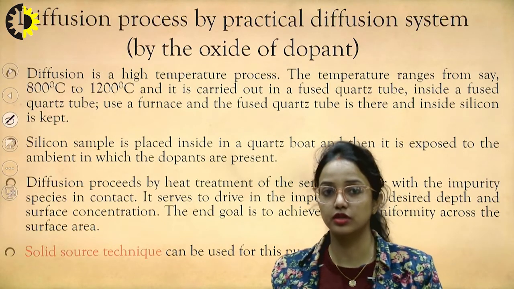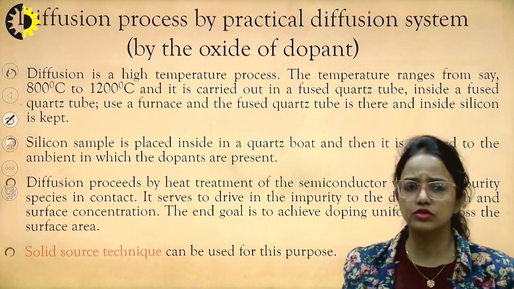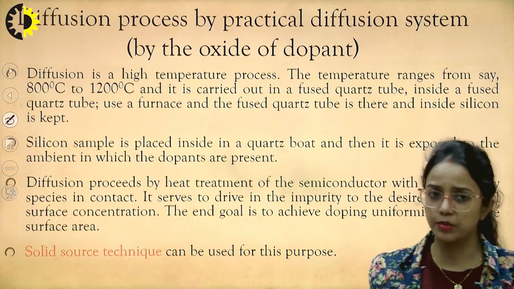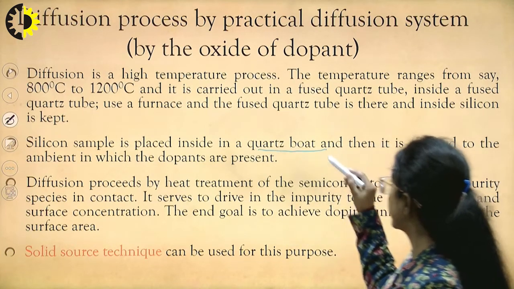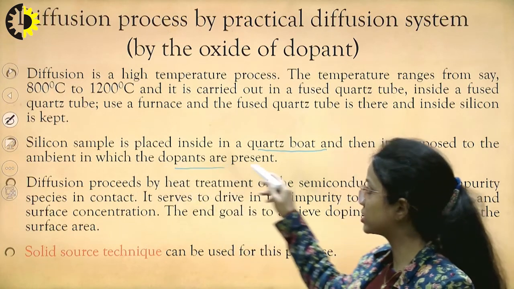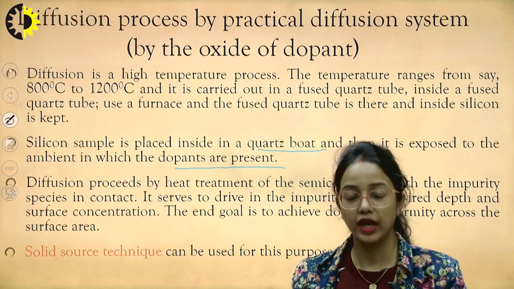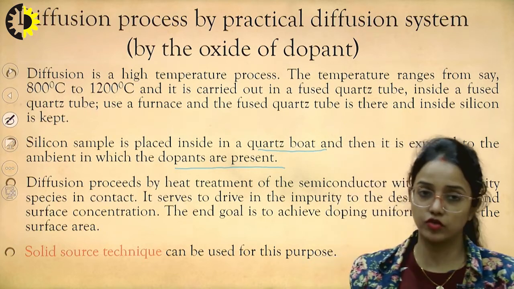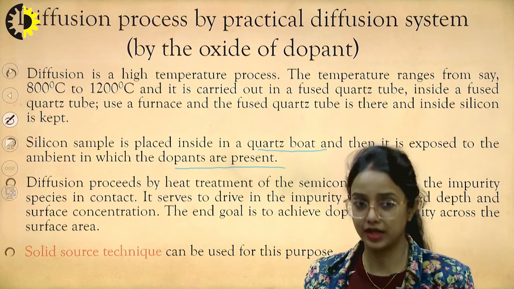Inside that fused quartz boat, silicon is kept. So the silicon sample is placed inside the quartz boat, and it is exposed to this high temperature in which the dopants are present. We provide high temperature and introduce the dopant gases.